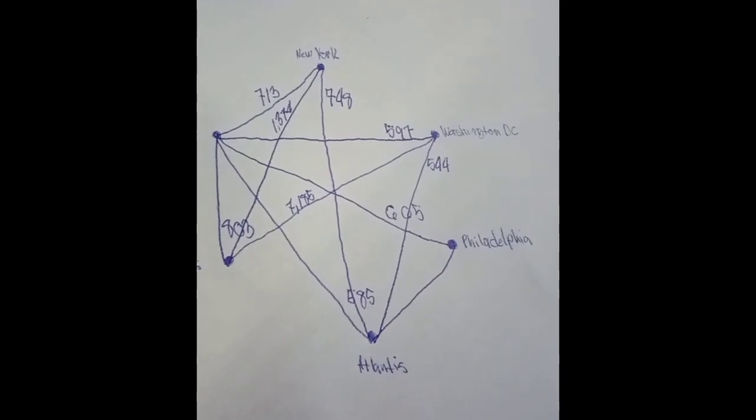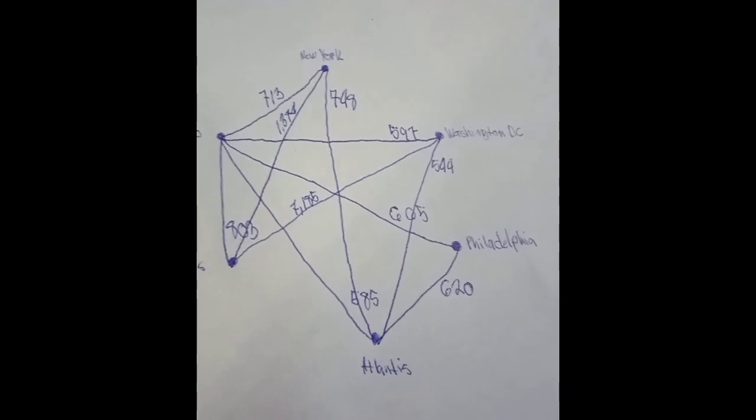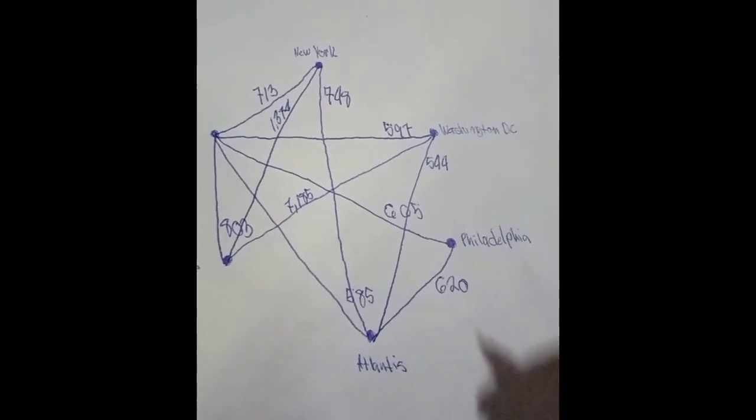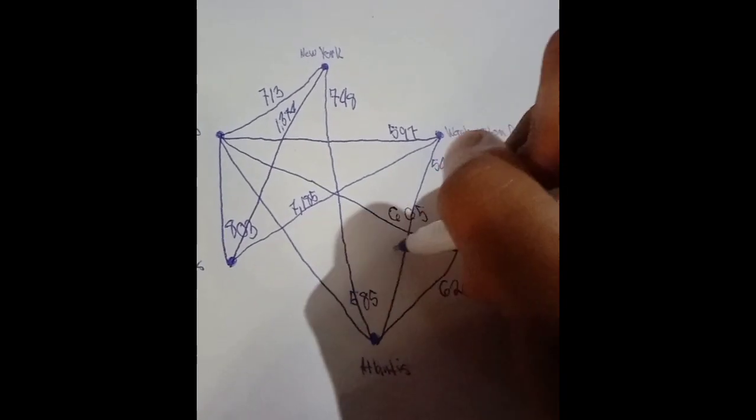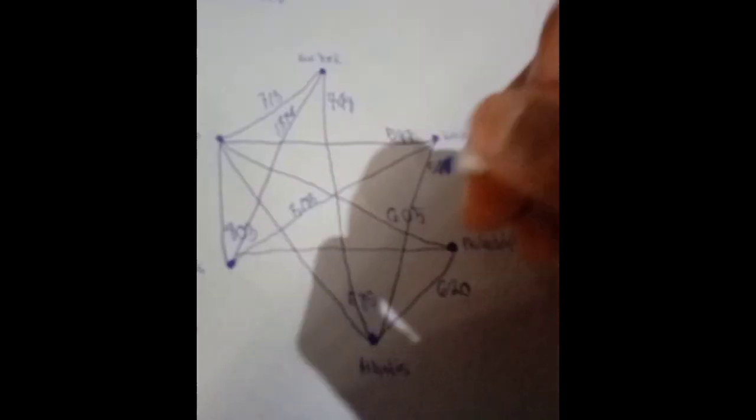That would be 670. And also Philadelphia to Dallas. Connect that. That would be 1,299.